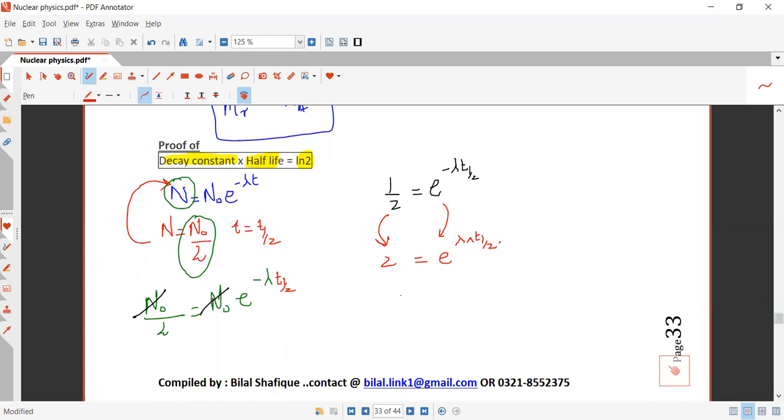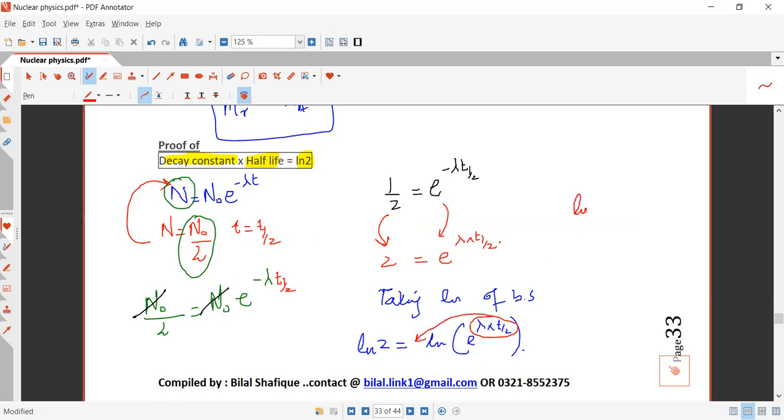So now we're going to take natural log of both sides. Natural log of 2 equals natural log of e to the power lambda times t half, right? So, students, this is the exponent, so it becomes the coefficient of the log according to the law.